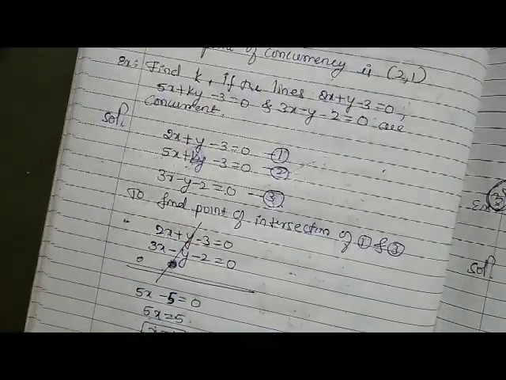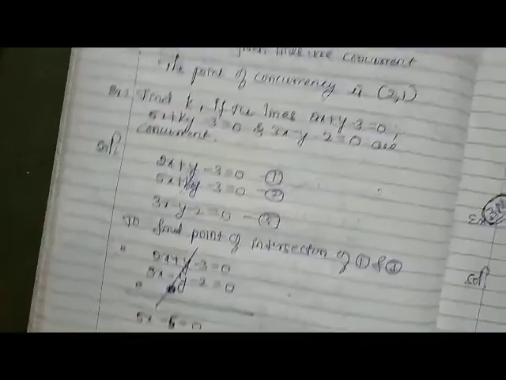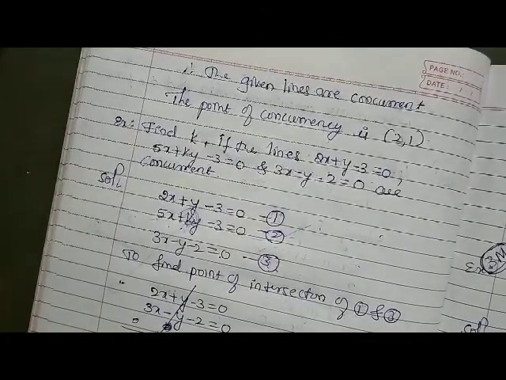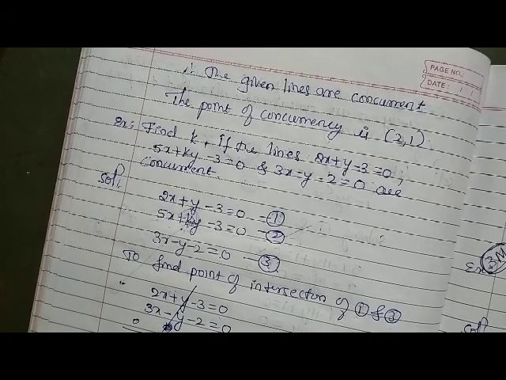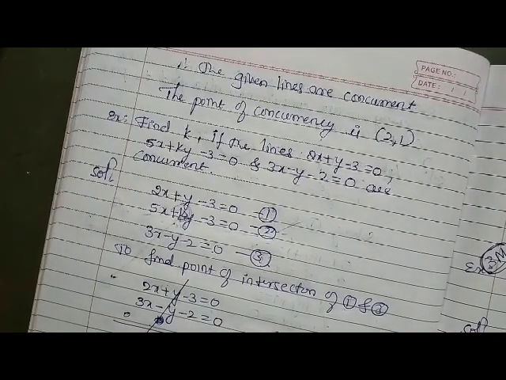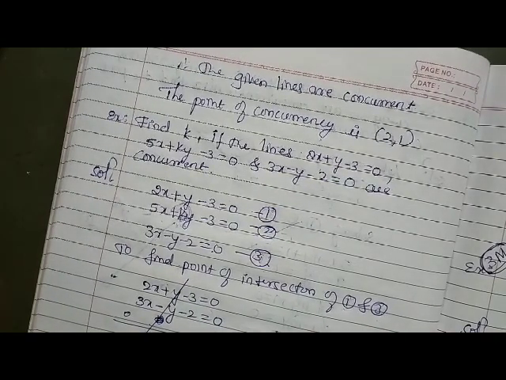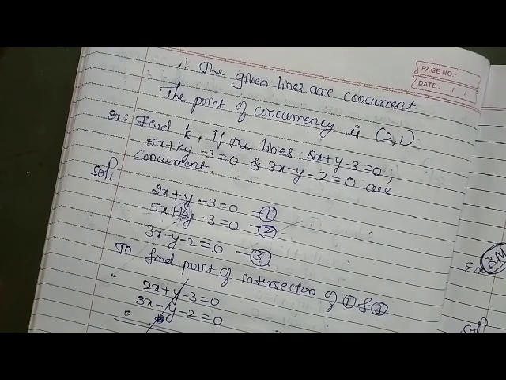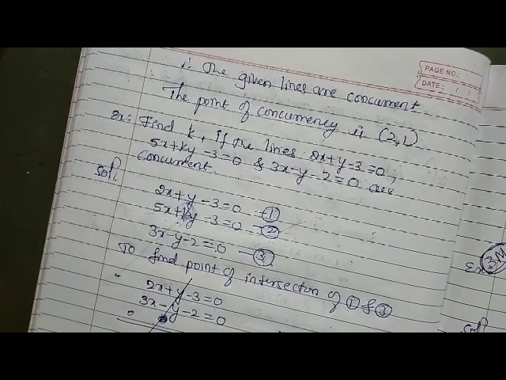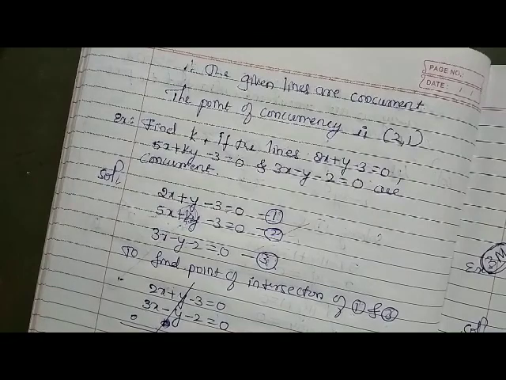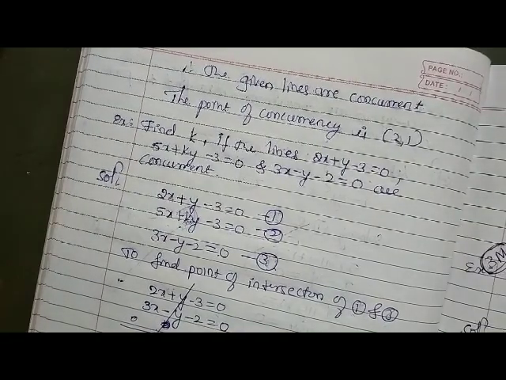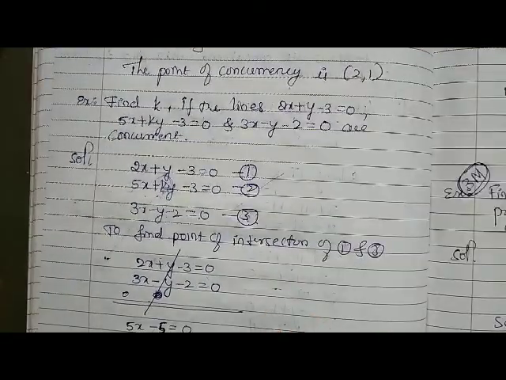Okay. Next example. Find k if the lines 2x plus y minus 3 is equal to 0, 5x plus ky minus 3 is equal to 0 and 3x minus y minus 2 is equal to 0 are concurrent. So to prove concurrency there are three simple steps.